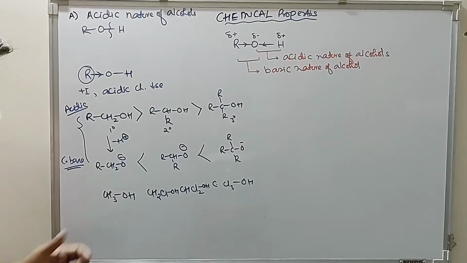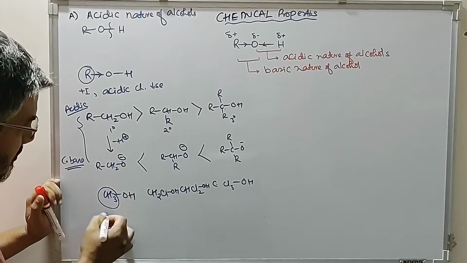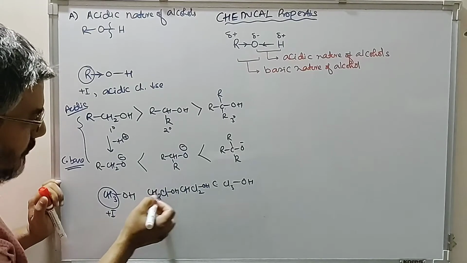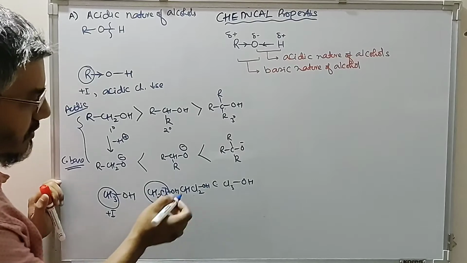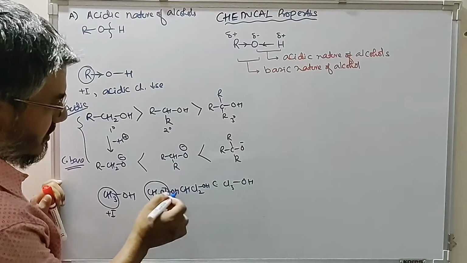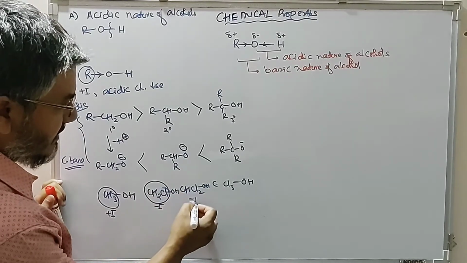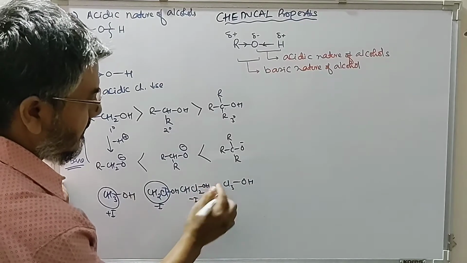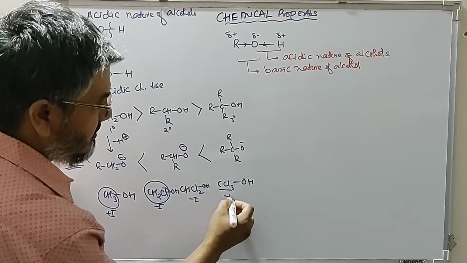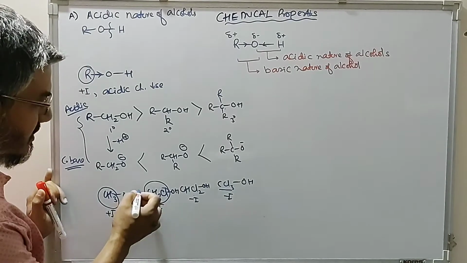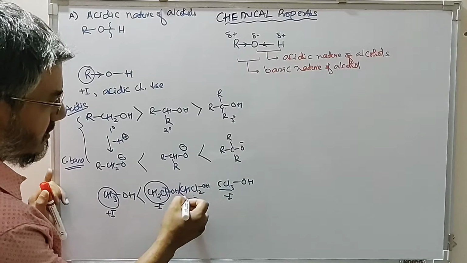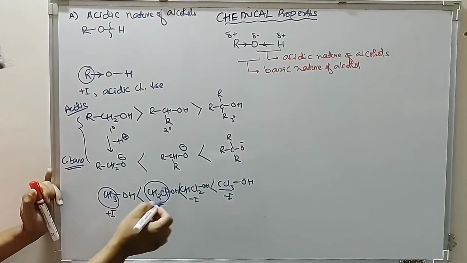So this is purely an alkyl group, an electron releasing group. When this hydrogen is replaced by Cl, this becomes a -I group. As the number of electron withdrawing groups increases, the -I character increases. So CCl3 is a very strong electron withdrawing group. As the -I effect increases, acidic character also increases.